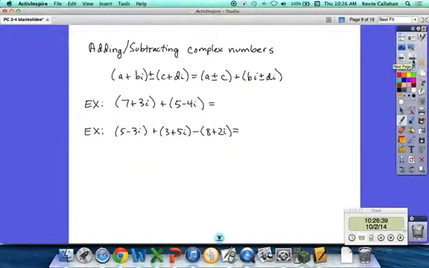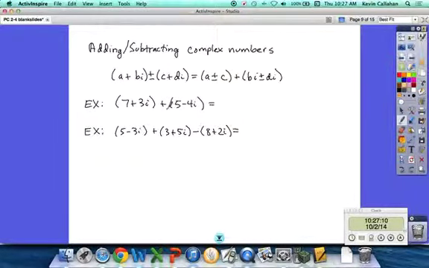Okay, adding and subtracting complex numbers. Again, I've got the abstract definition of it here, and then some examples down below. If you add complex numbers, you add the real parts, you add the imaginary parts, right? If you subtract, you subtract the real parts, you subtract the imaginary parts. So 7 plus 3i plus 5 minus 4i, add the real parts.